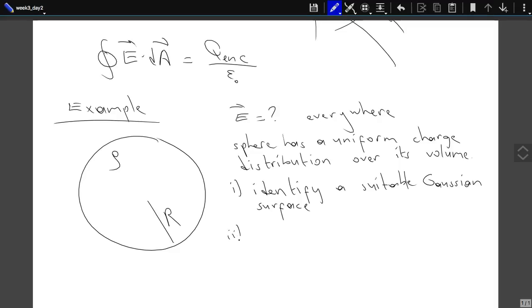And the second one is just apply Gauss' law. Now, how can we determine this on the Gaussian surface? Let's say I want to find the electric field at this point.